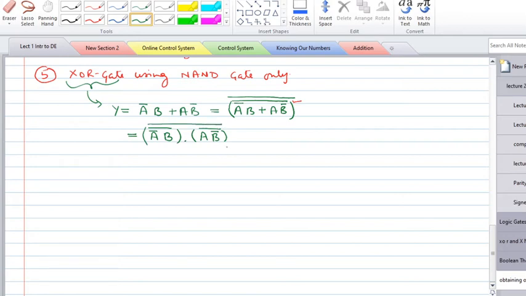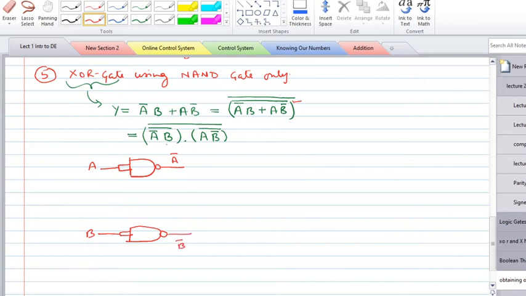Okay, now the conversion is clear here. So we have to design it like this, that is, this is your A, and here we get A bar, this is for B, we get here B bar.